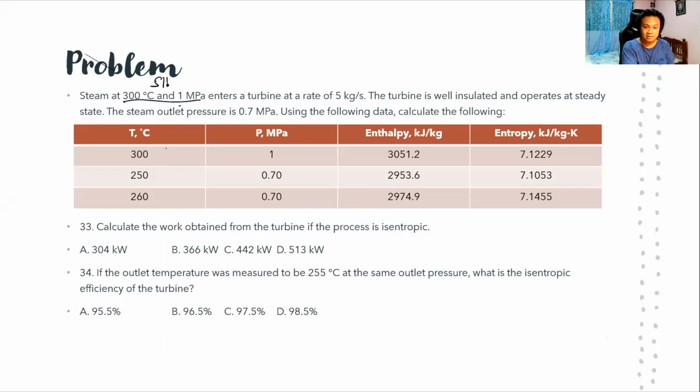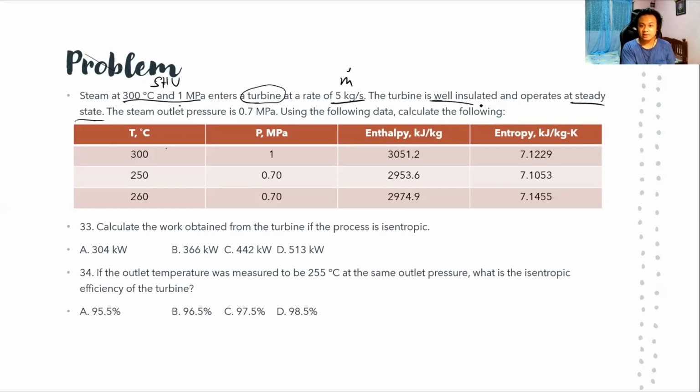So this is a superheated vapor, and then it enters a turbine. So turbine na, it has a moving part now, so it's not a nozzle anymore. It has a mass flow rate of 5 kilograms per second, and it's well insulated and operates at steady state.